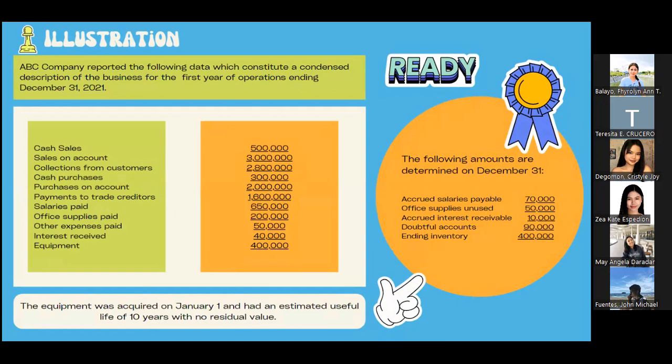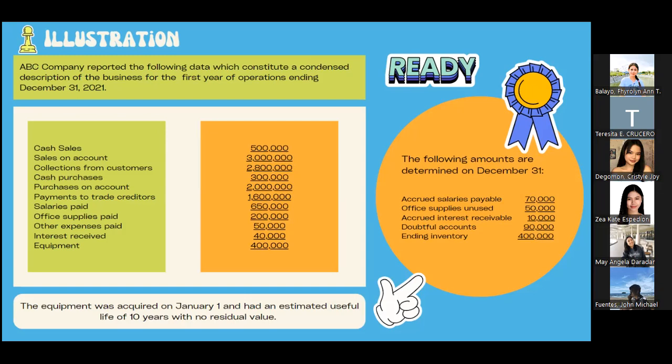We have cash sales 500,000, sales on account 3 million, collections from customers 2,800,000, cash purchases 300,000, purchases on account 2 million, payments to trade creditors 1,600,000, salaries paid 650,000, office supplies paid 200,000, other expenses paid 50,000, interest received 40,000, equipment 400,000.